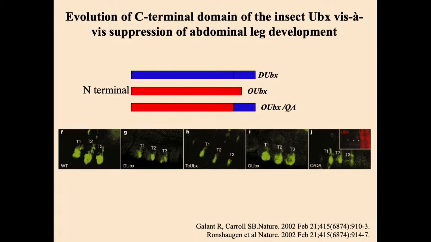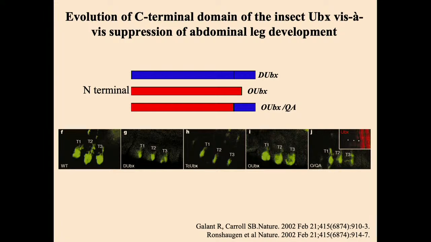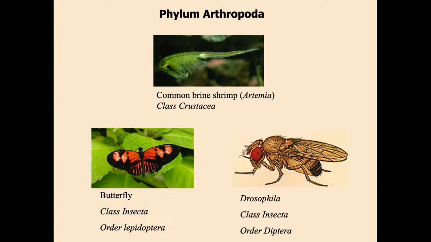You can see the levels of GFP coming down, suggesting that the insect UBX has acquired a new function because of these protein sequence changes that evolved with time. That acquisition of a new feature has made the body plan completely different: one with multiple legs along the body axis, another with only 3 pairs of legs in the thoracic segment.